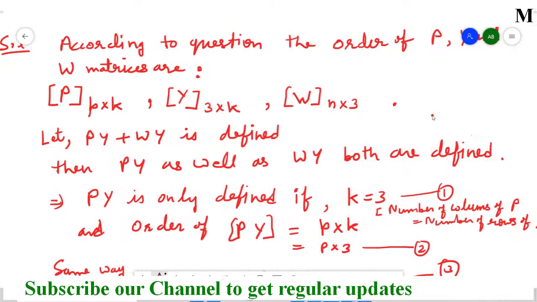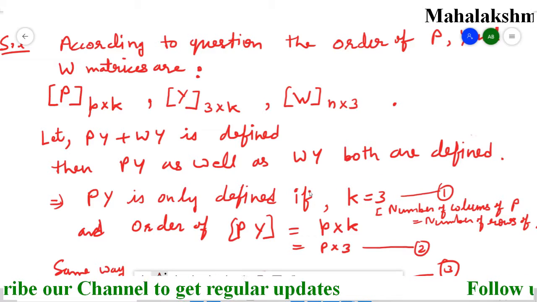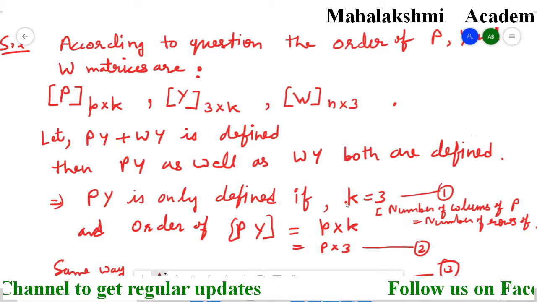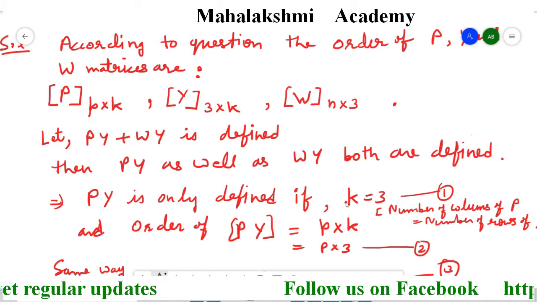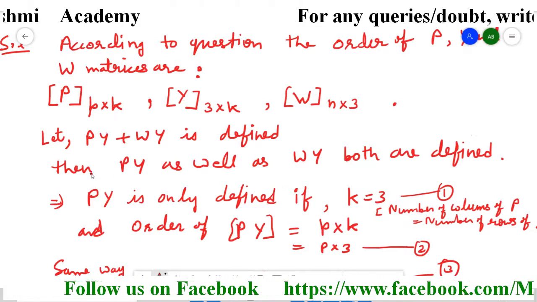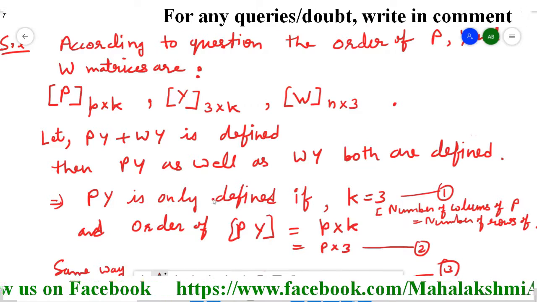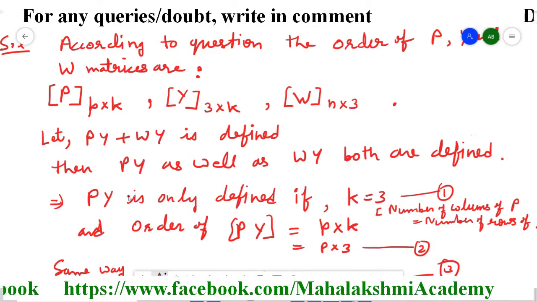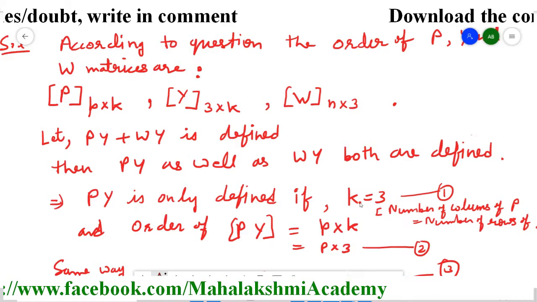They asked about the restrictions on K and P, meaning indirectly they are asking for the values. So we got K as 3.